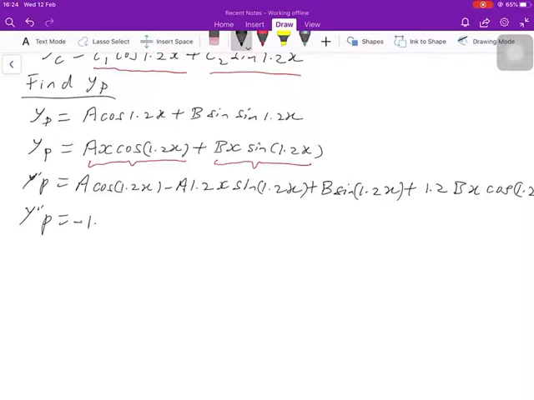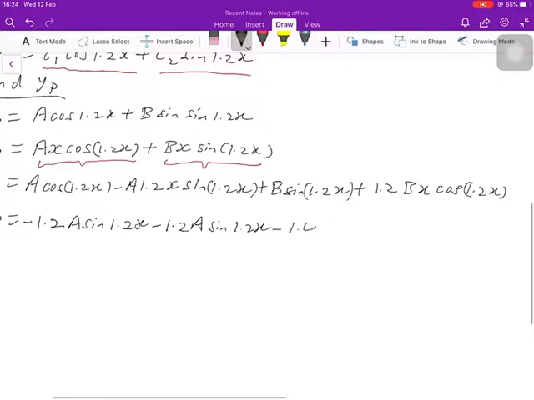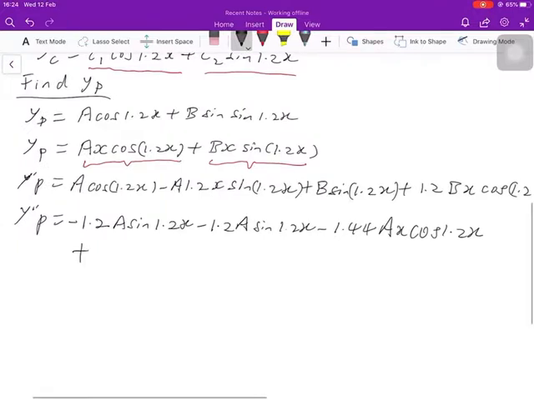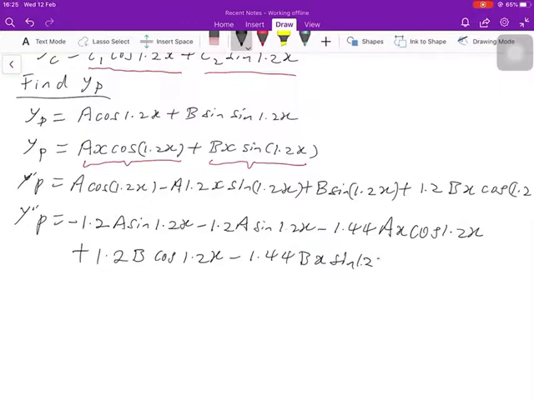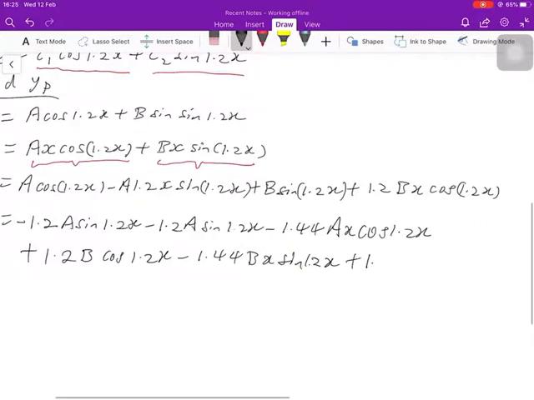You have minus 1.2a sine 1.2x minus 1.2a sine 1.2x, and then minus 1.44ax cosine 1.2x, and then plus 1.2b cosine 1.2x, then minus 1.44bx sine 1.2x. Then the last is 1.2b cosine 1.2x.